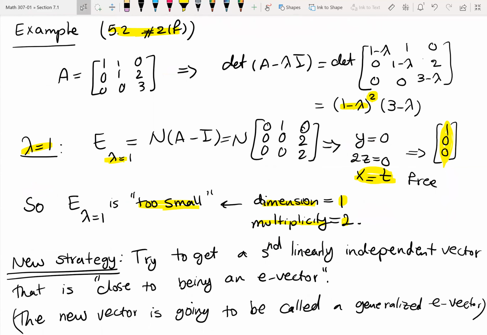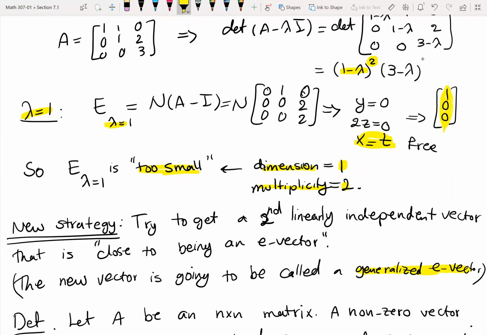But what can I do? The next strategy is to find a second linearly independent vector. That's what we call a generalized eigenvector. What do we call a generalized eigenvector? The only thing is we want it to be close enough to what we call an eigenvector.